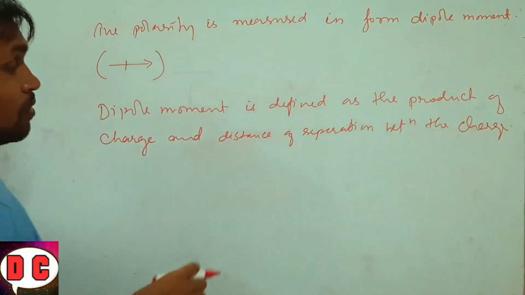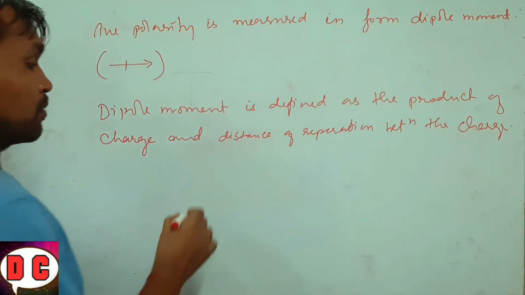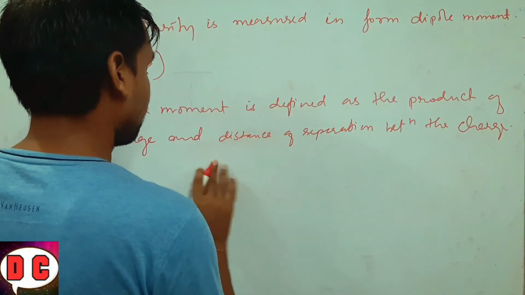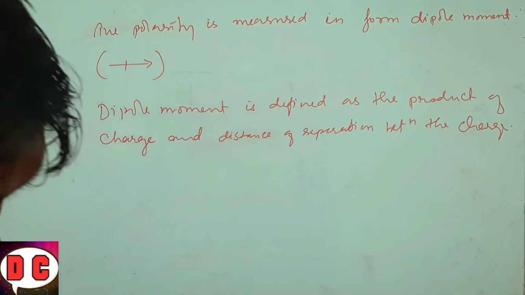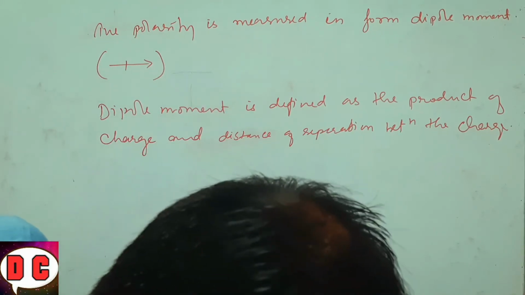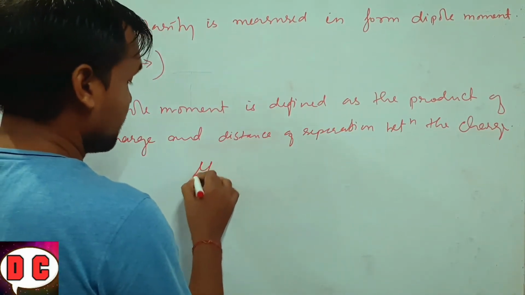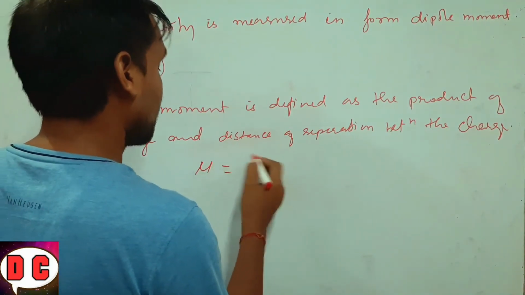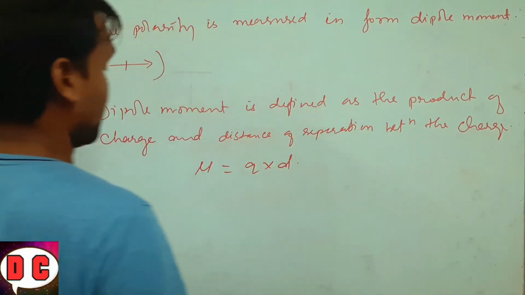The symbol for dipole moment is mu. Mu is equal to the charge into the distance of separation between the charges.